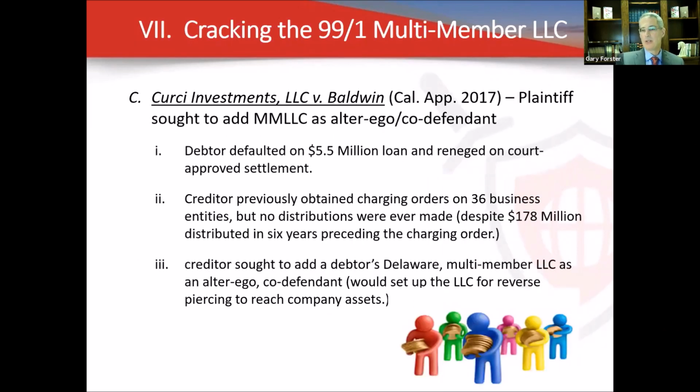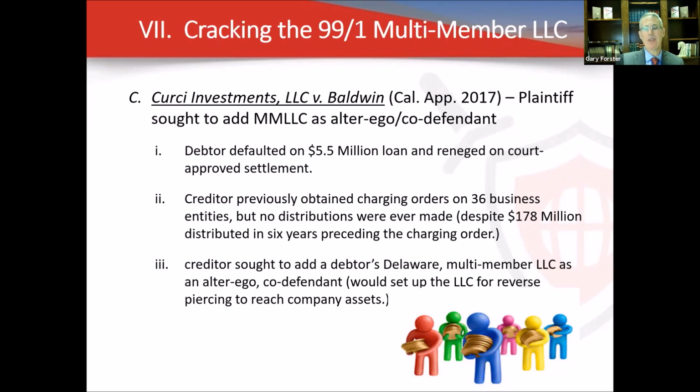This is the XIII decision on LLCs, where a very wealthy developer in California set up a family entity of LLCs and, it looked like from the case, decided to default. It upset the court, and because XIII had done this 99 to me, 1 to my wife, it gave the court a little leeway to say, you know what, we can breach that.